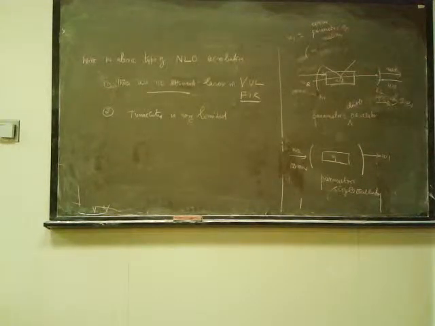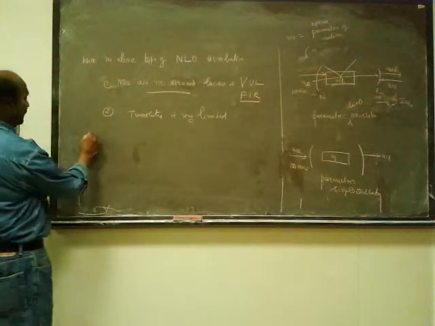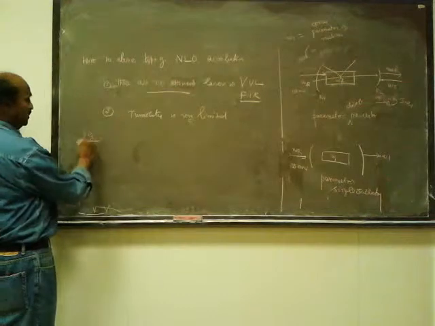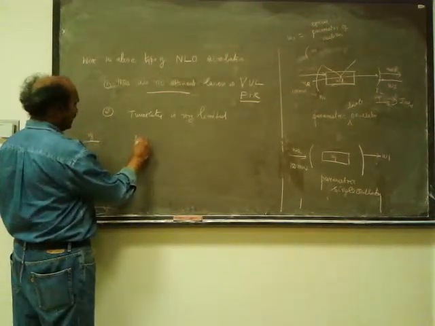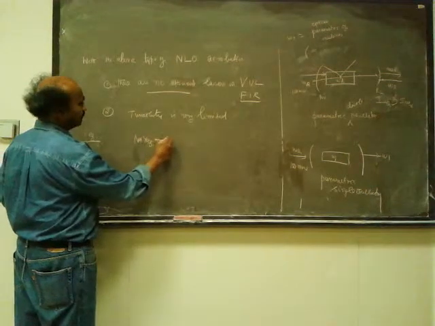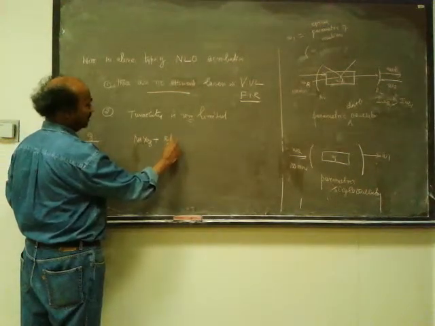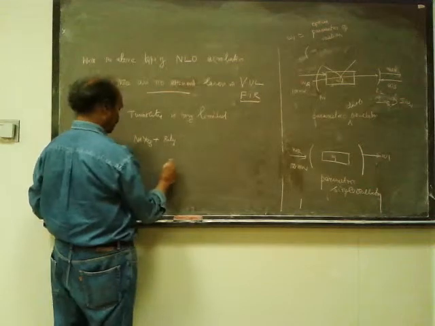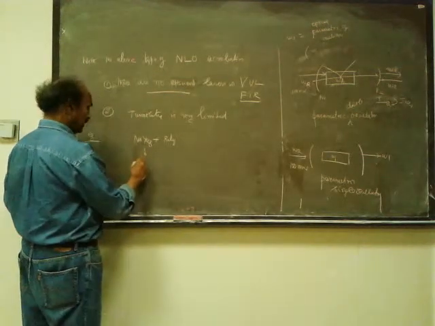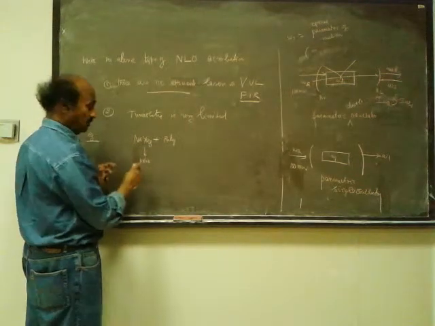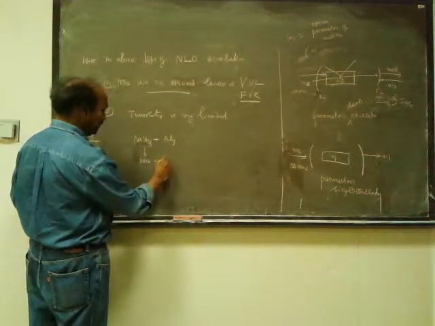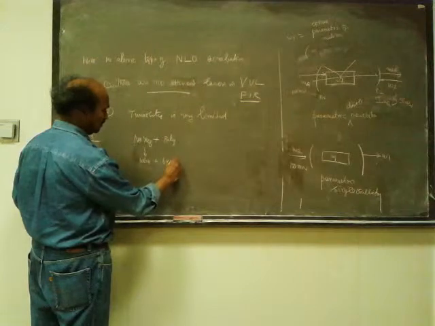I can give one example. Take Nd:YAG plus ruby. This is 1064 plus ruby is 6943.